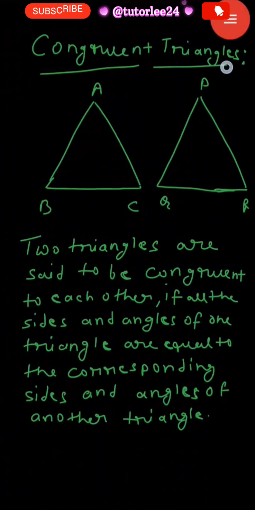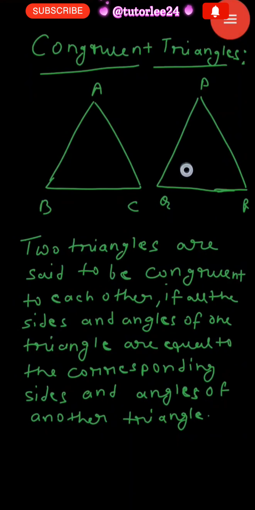What are congruent triangles? Suppose two triangles are given and their side lengths and corresponding angles are equal, then they are said to be congruent. So two triangles are said to be congruent to each other if all the sides and angles of one triangle are equal to the other triangle.